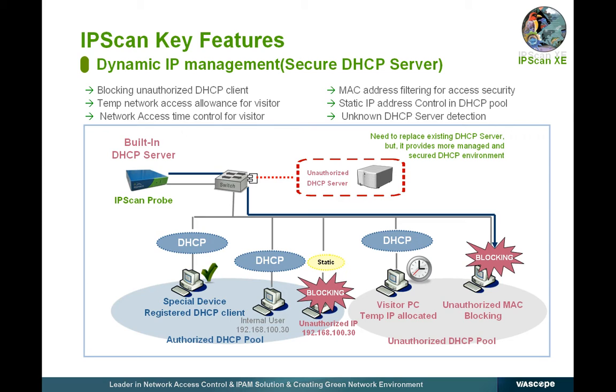So if the administrator assigns the same IP address as that of the running DHCP server, an IP conflict may be inevitable. The IPScan DHCP server also features detecting other DHCP servers, and informs the admin of any presence of an additional DHCP server so that the admin can block the server to prevent possible network interference any further. With this feature, the admin can solve the frequent problem of IP conflict in schools or business companies that utilize the network resource on a large scale.